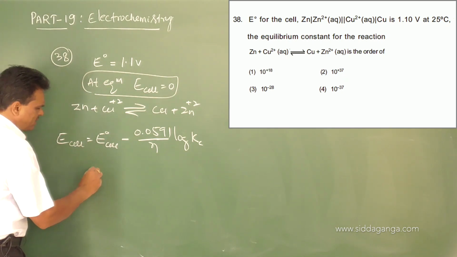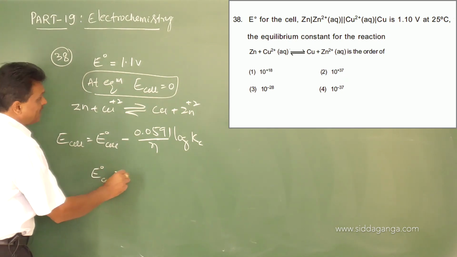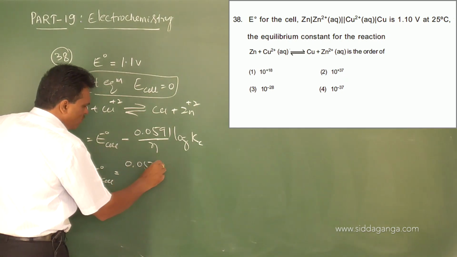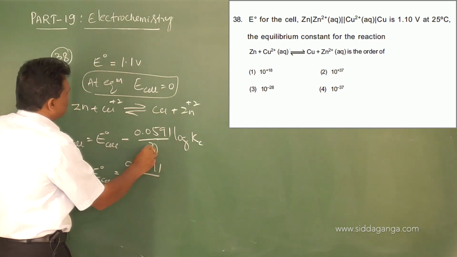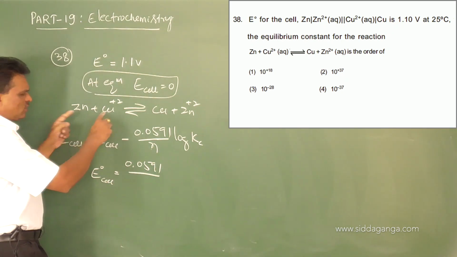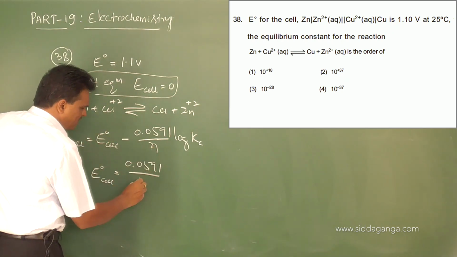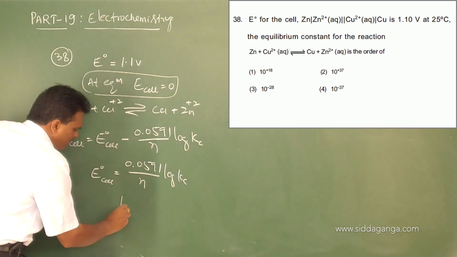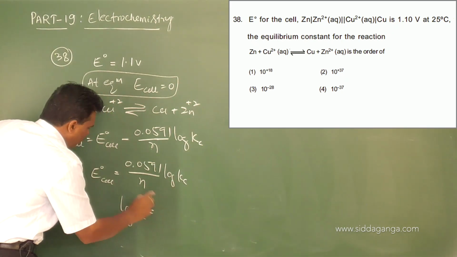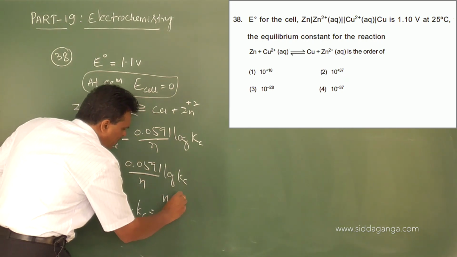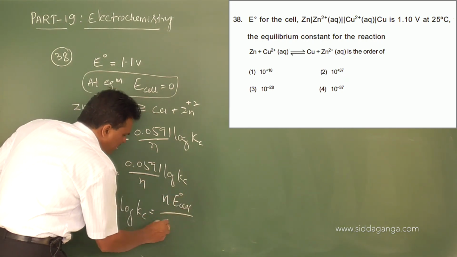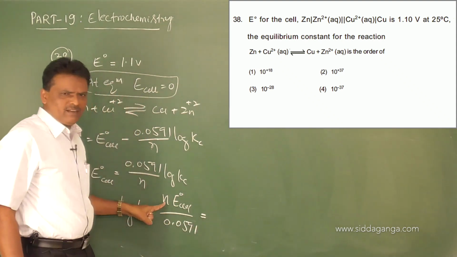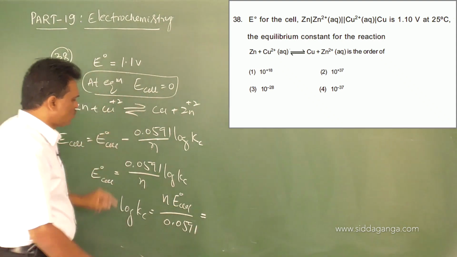Therefore E naught cell is equal to 0.0591 by n into log Kc. What is the value of n for this reaction? It is 2. Therefore log Kc is equal to n into E naught cell divided by 0.0591.